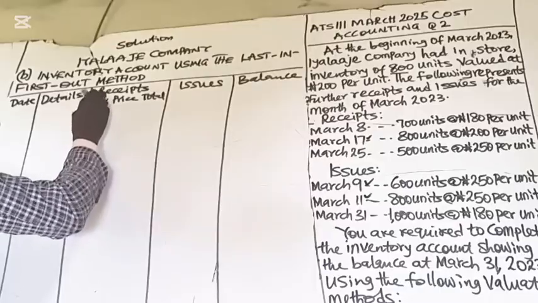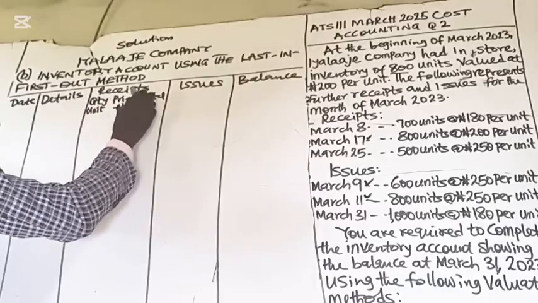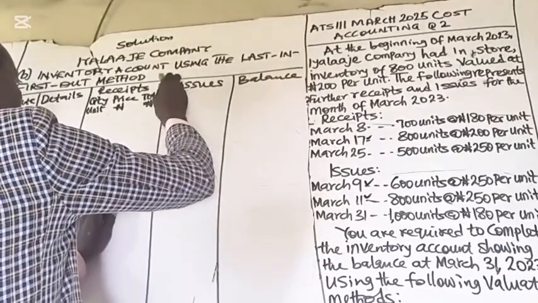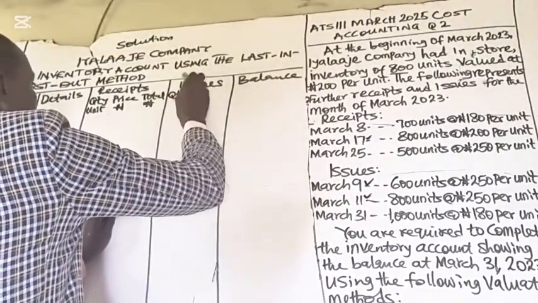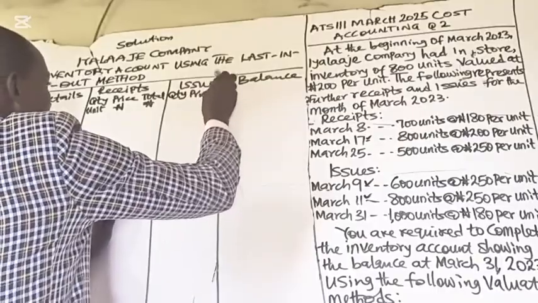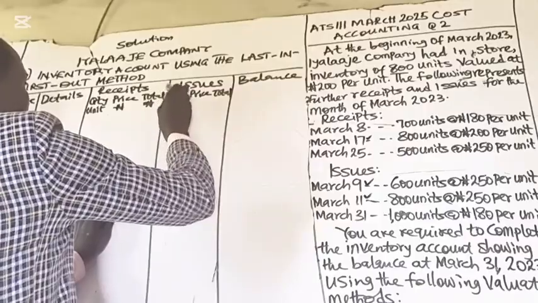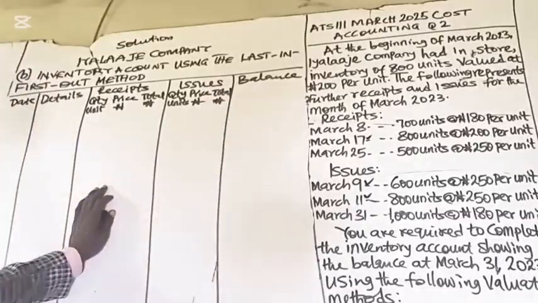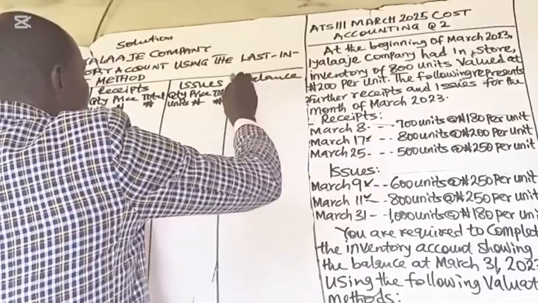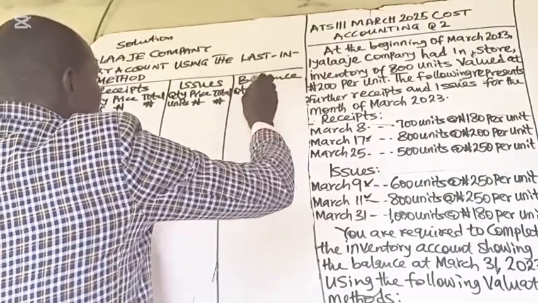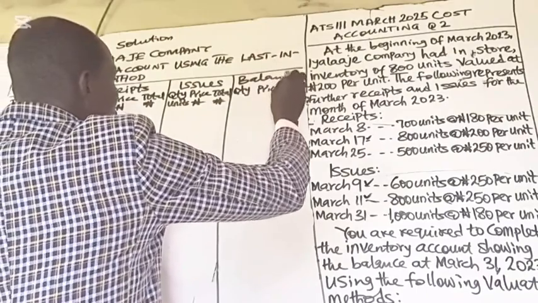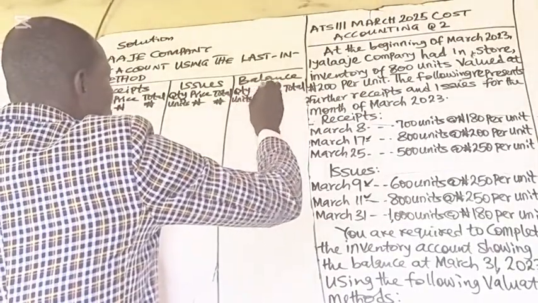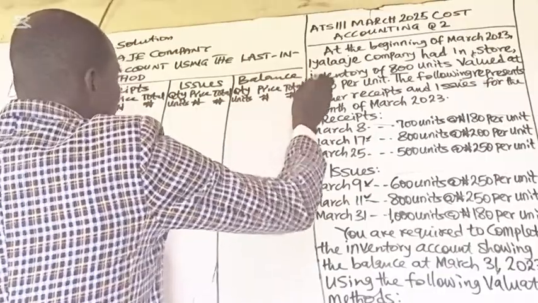The quantity is in units, price is in naira, and total in naira. Under issues, you have quantity, price, and total. In the balance column, you have quantity, price, and total. Quantity is in units, price is in naira, total in naira.